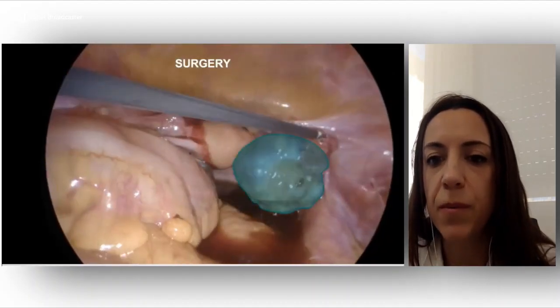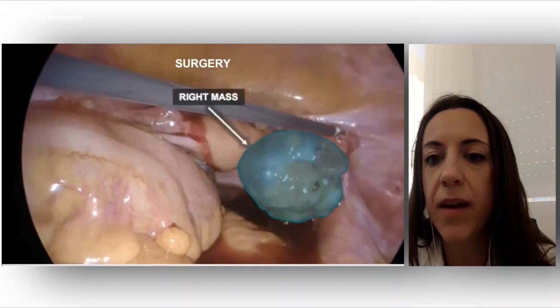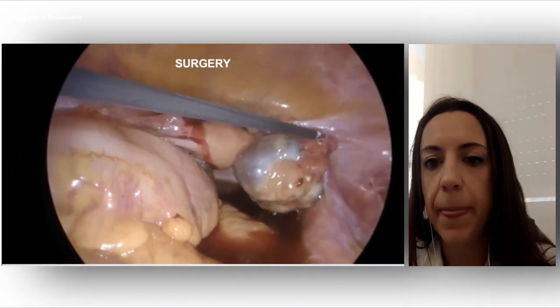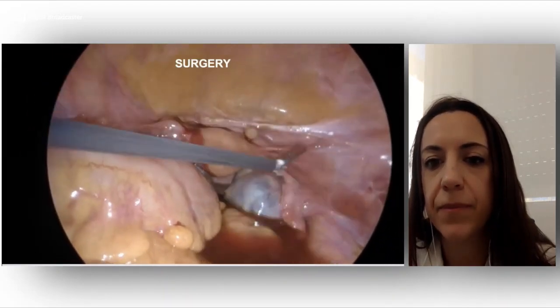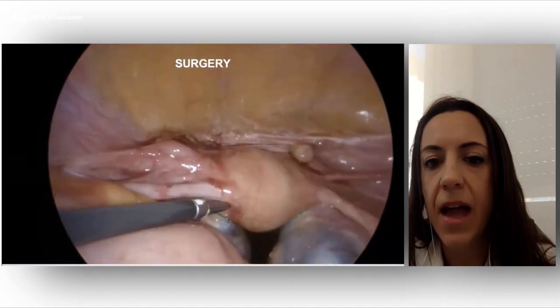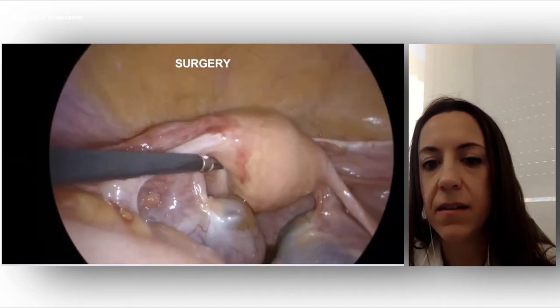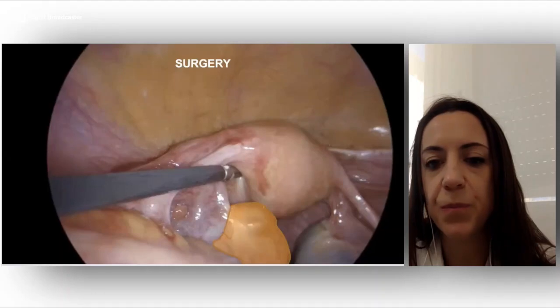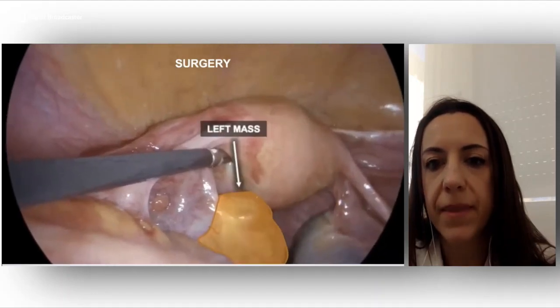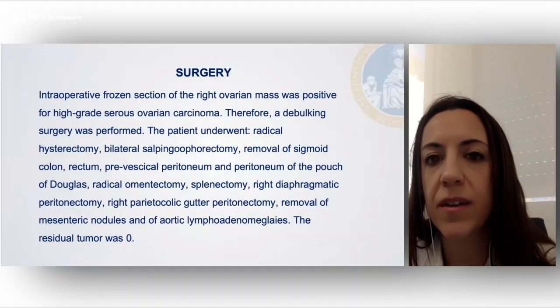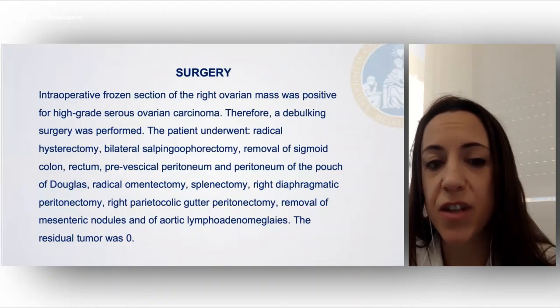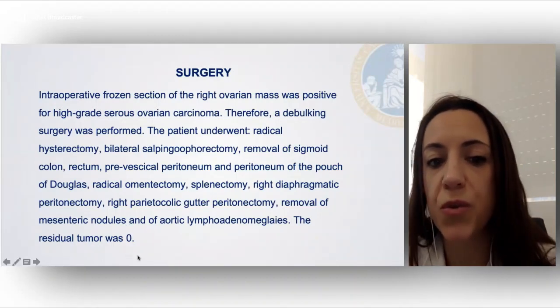This is the laparoscopic view. This is the right mass. And this is the left mass. We can move on. So it was the surgery, and the residual tumor was 0.